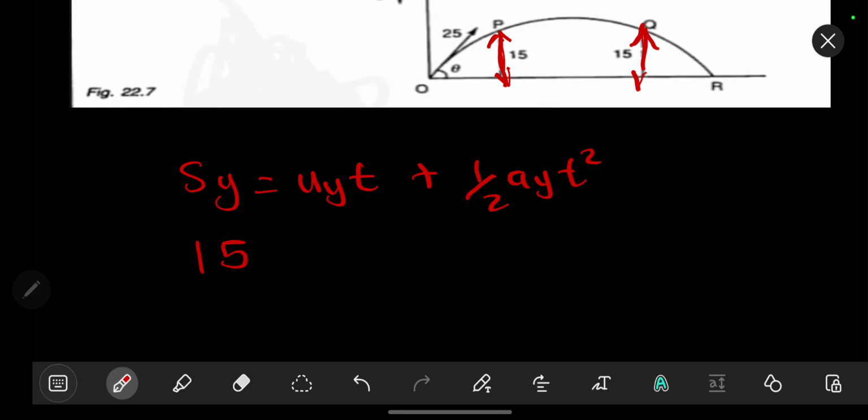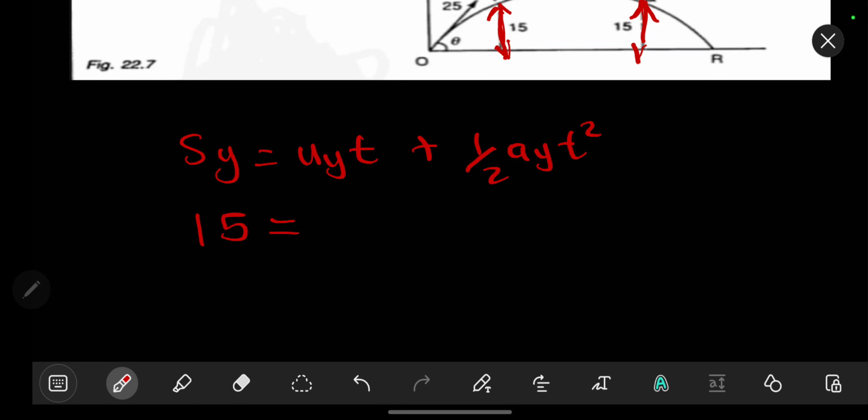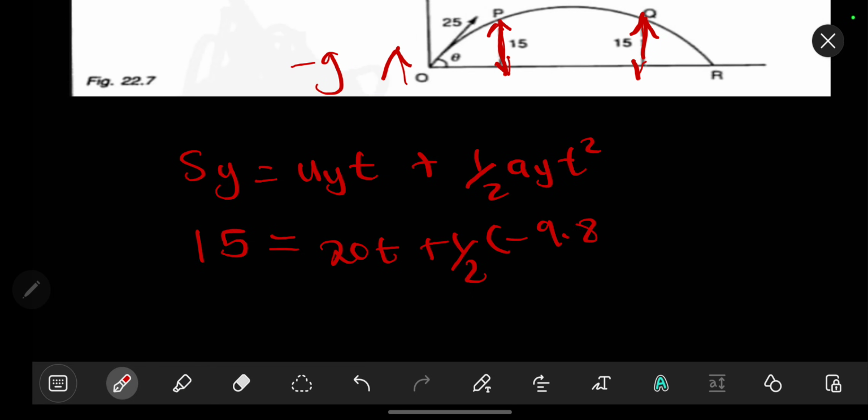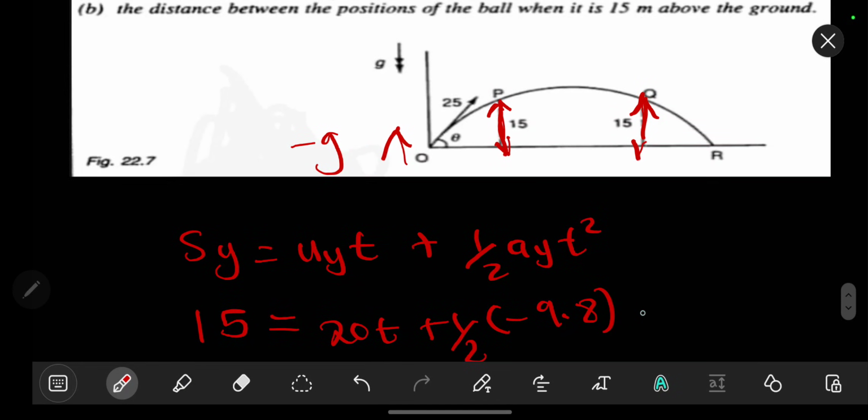So 15 should be equal to the initial velocity in the y, which is 19.992, let's just round it off to 20t, plus half. Since it was thrown up, gravity was acting downwards, therefore it shall be negative throughout. So we have negative 9.8, then our time t squared.